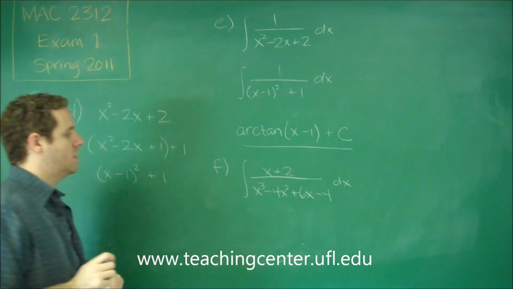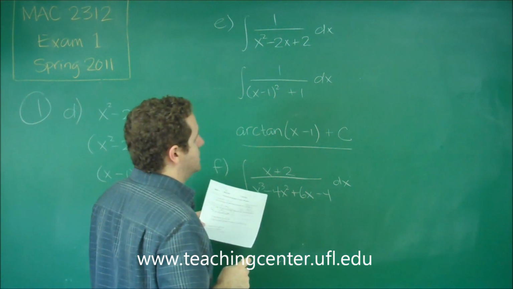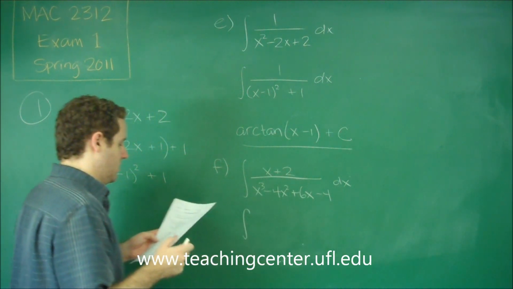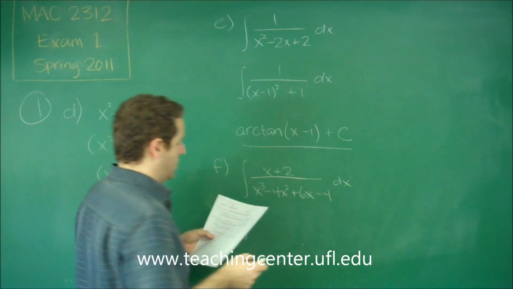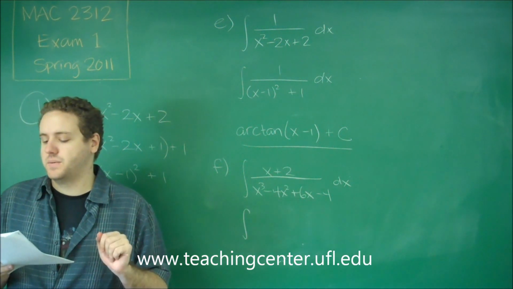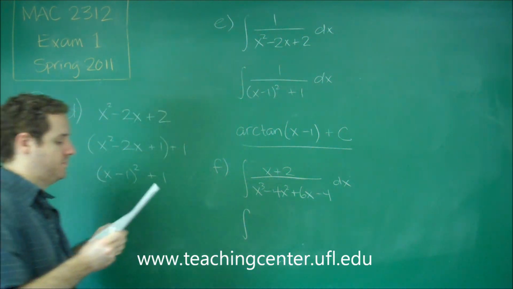Okay, so recall from the previous parts, we did the partial fraction decomposition of this, and we got that this integral is going to be of the 2 fractions. We had one that had a denominator of x minus 2, another that had a denominator of x squared minus 2x plus 2, which is what we were just doing up there.